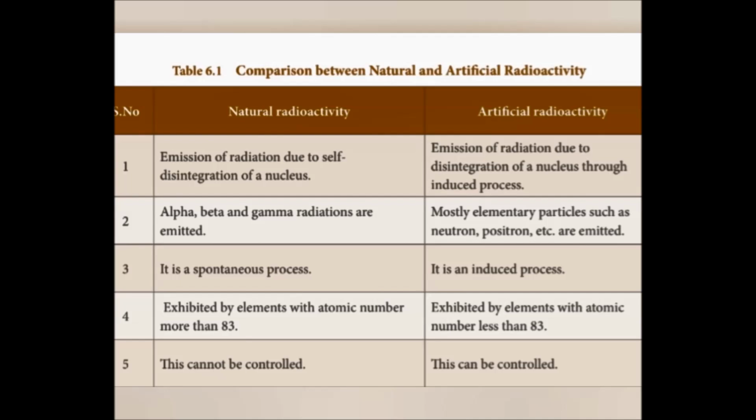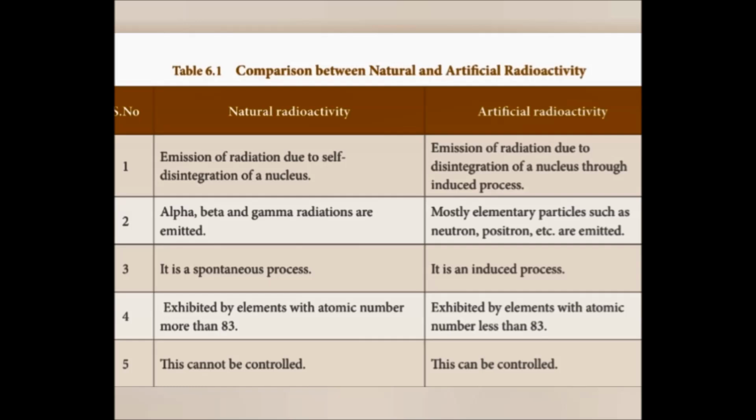Write any 3 features of natural and artificial radioactivity. For this question, you have to write any 3 comparisons out of these 5. First, in natural radioactivity, the emission of radiation is due to self-disintegration, that is, it occurs without any induced process.